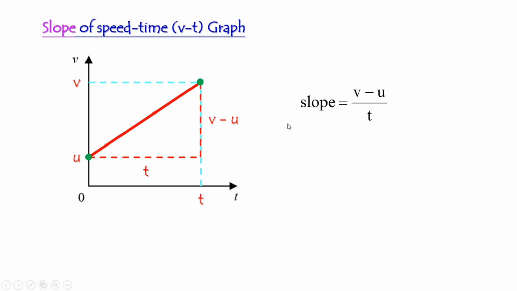Is it okay? But take a look at the term on the right hand side. What does this term represent? v minus u, the final speed minus the initial speed. It means the change in speed divided by time. So the change in speed divided by the time should be equal to the acceleration of an object.